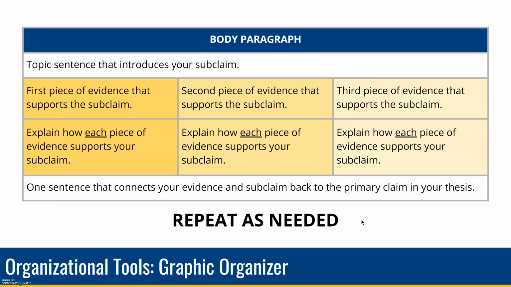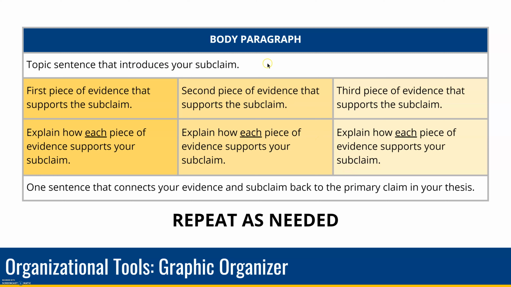Another way you can think about structuring your body paragraph, let's say that maybe in our class we're writing narratives that are not complex and we're just writing a paragraph. You might even think about using graphic organizers, just seeing that structure of support here.